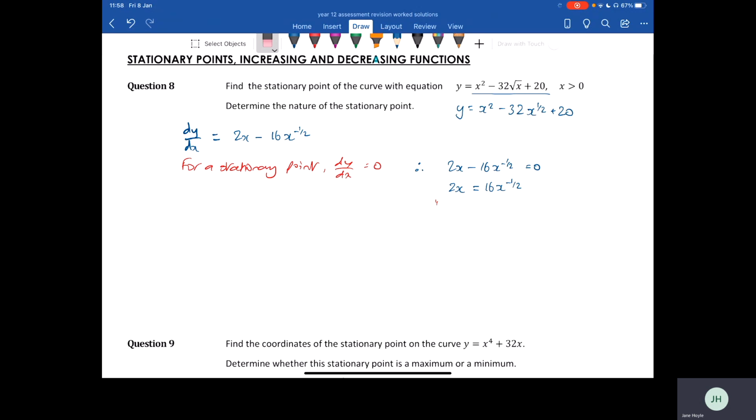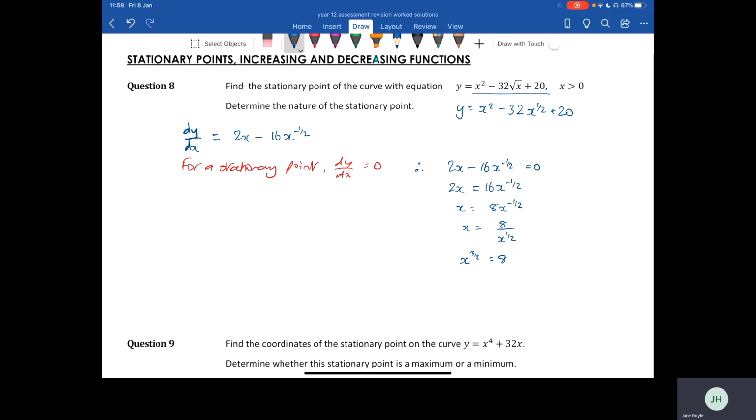But as I said, my instinct would be to divide by the 2, but then I'm going to write that as x over x to the half, and then I can see it a little bit more easily. I'd multiply both sides by x to the half. So x to the power of 3 over 2 is equal to 8.